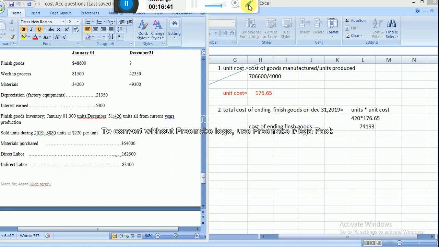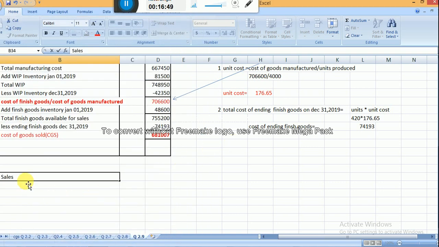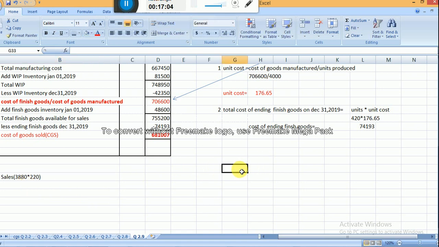Sales equals units sold multiplied by sales price per unit. 3,880 units were sold and the per unit sales price was 220.